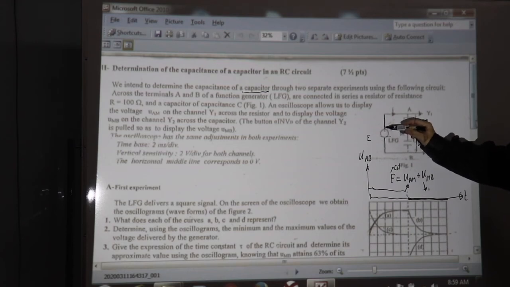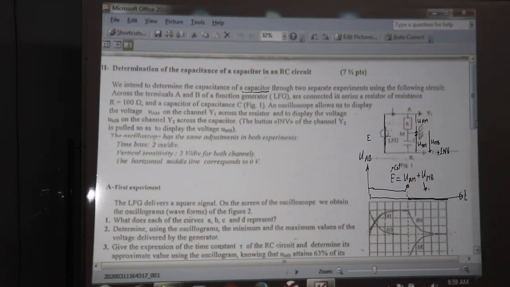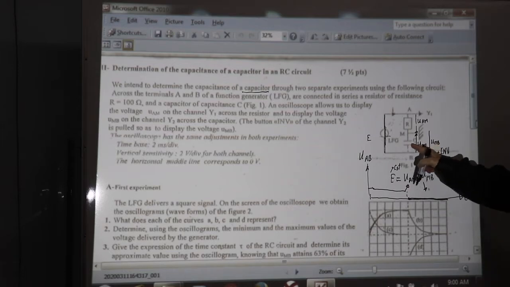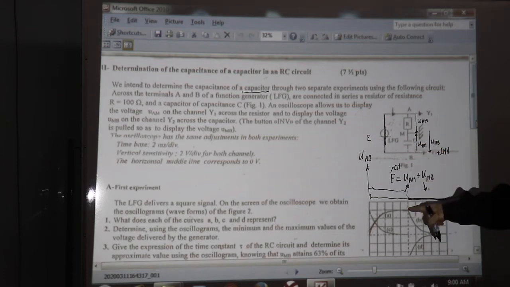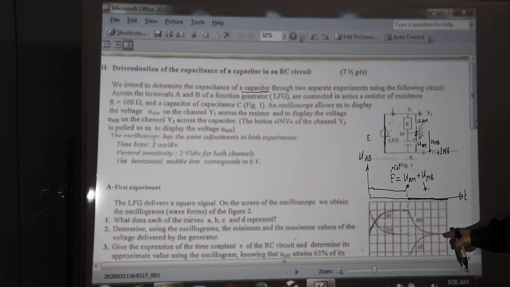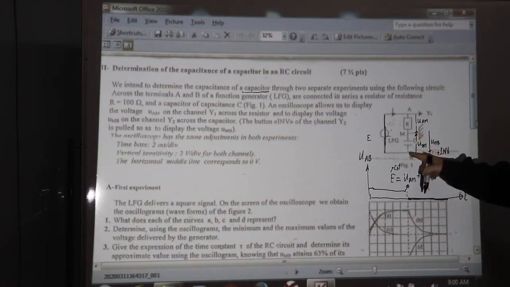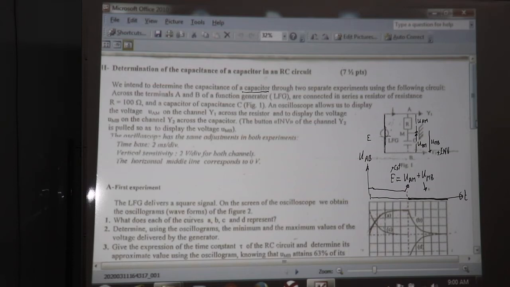It acts like a connection wire, and the capacitor discharges. So, the voltage UC of the capacitor during discharging decreases from the maximum value it gets during charging, which is E, to 0 till it becomes totally discharged. So B represents the voltage UMB, which is UC, during discharging of the capacitor.